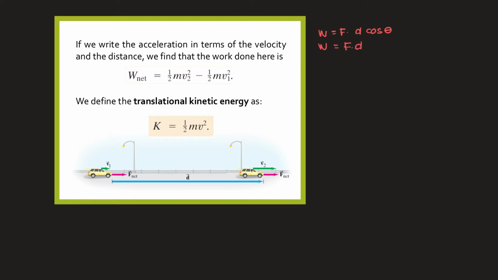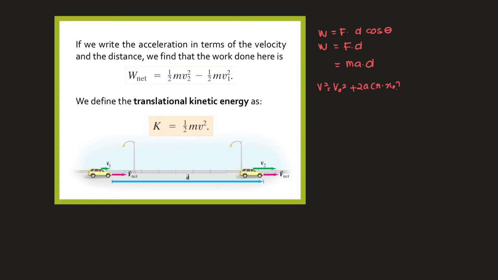F is basically from ma. For the acceleration, you are going to relate it to the kinematics equations. We have one equation, which is v squared equals v naught squared plus 2a times (s minus s naught).